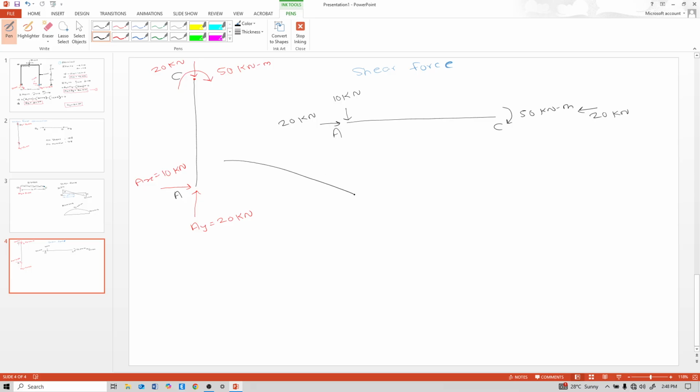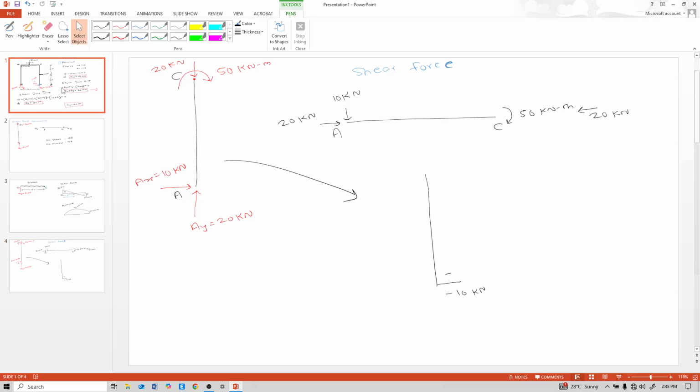So draw the shear force here. This is 10 kilonewton this side. So like this, 10 kilonewton downward, that's why negative. So minus 10. Between C to D, between A to D there is no load.